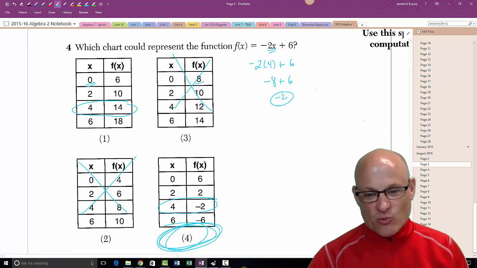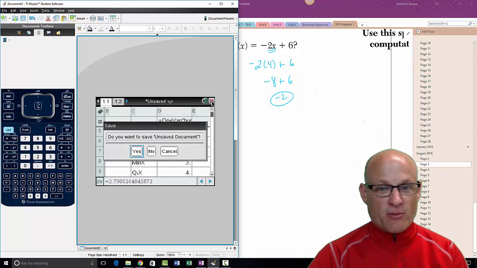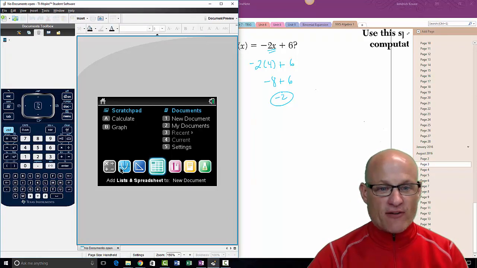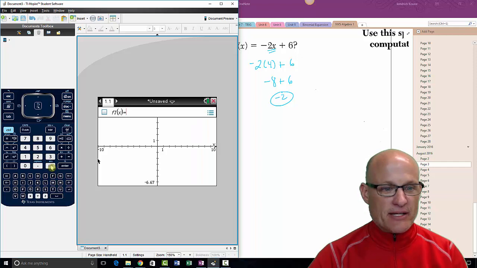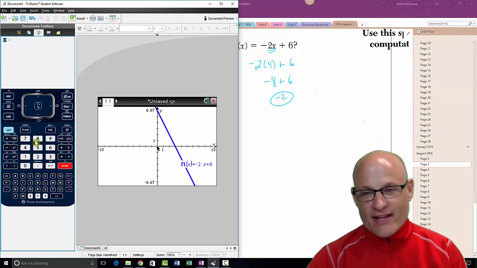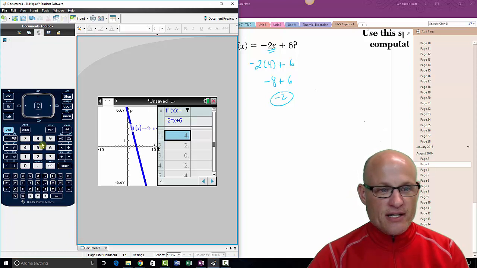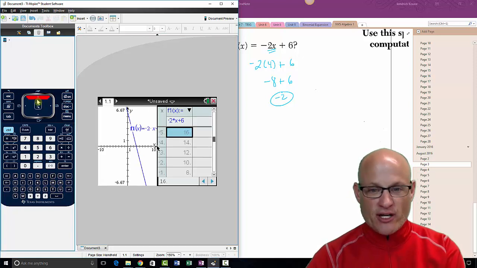By the way, the easiest way to do this problem, if I was doing this problem, would be to come over to my calculator. I'd say go into graph mode and type in -2x plus 6. And then, yeah, that's what it looks like. But let's go look at the table, Control T. 0, 6.